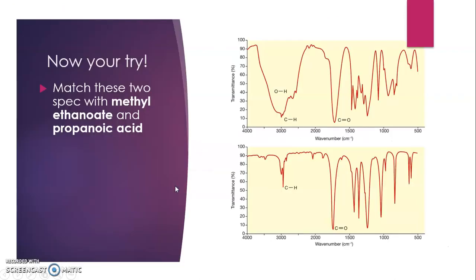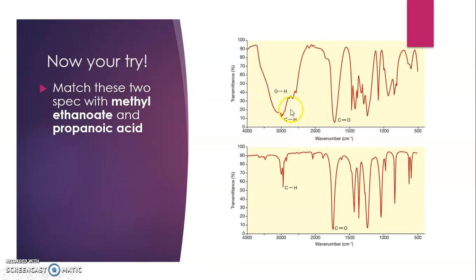Now let's practice. Of these two IR spectra, which one belongs to methyl ethanoate and which one belongs to propanoic acid? Okay? Well, here I have already marked out the particular bond responsible for a particular dip.